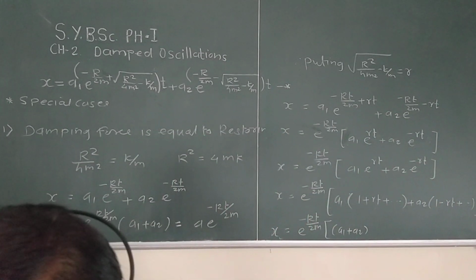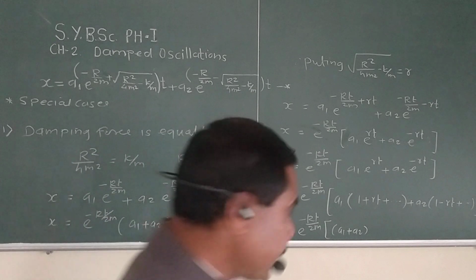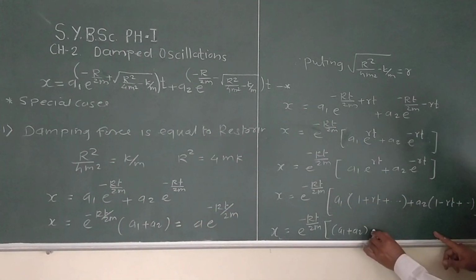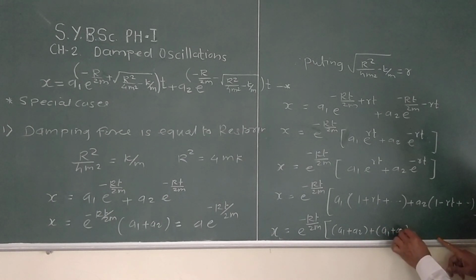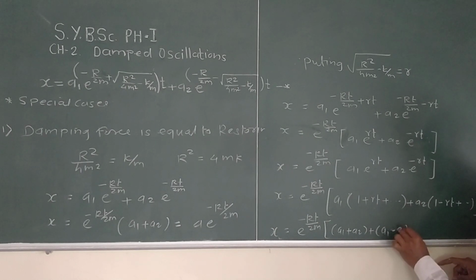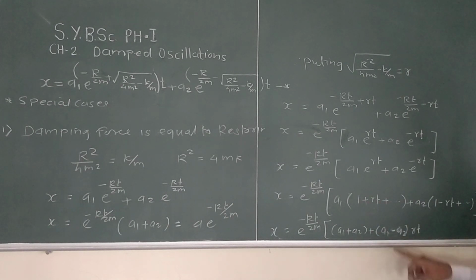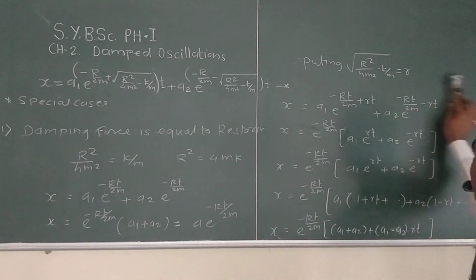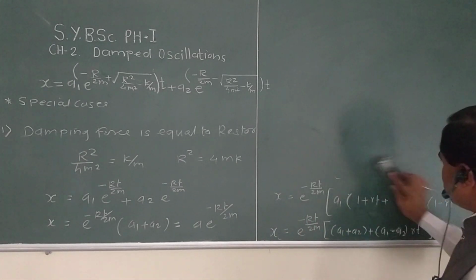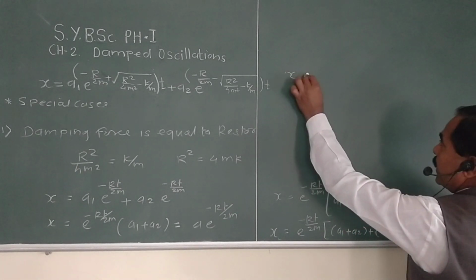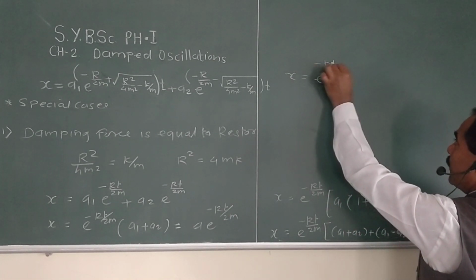So here we have to take plus in bracket a1 minus a2 into rt. Okay, a1 plus a2 and a1 minus a2 into rt we take common, right? So in next step this equation reduces to x equal to e raised to minus rt upon twice m.